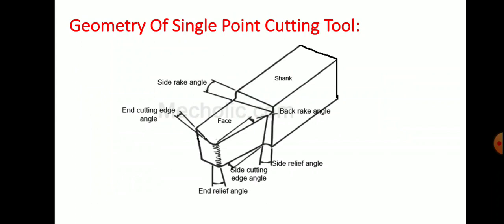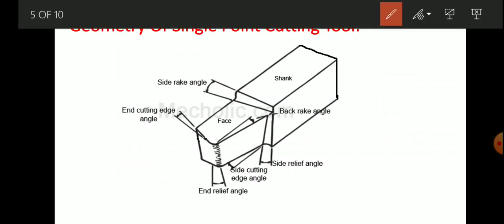Basically here we can see a simple sketch of a single point cutting tool which consists of shank, face, nose, and this one is known as flank.